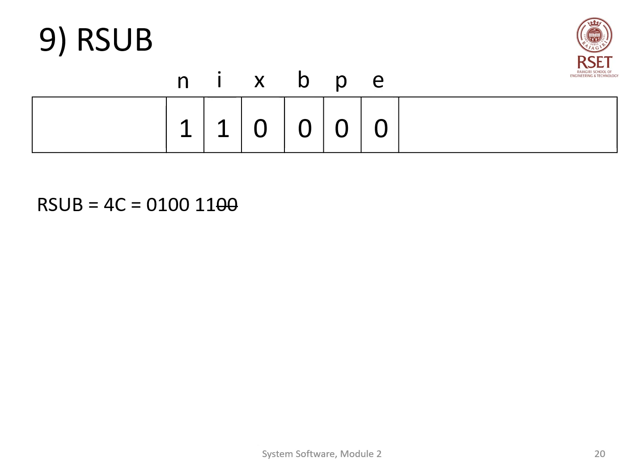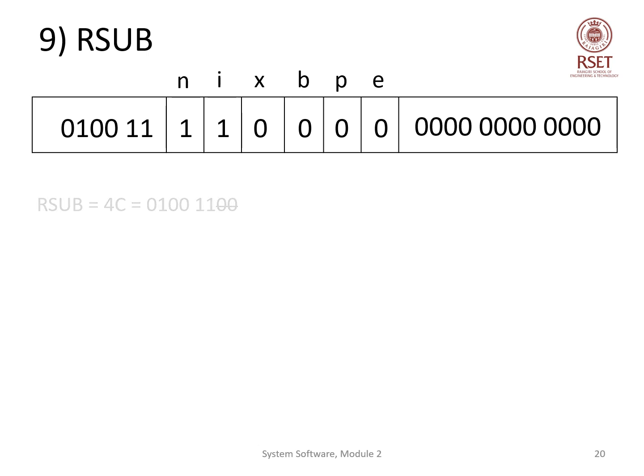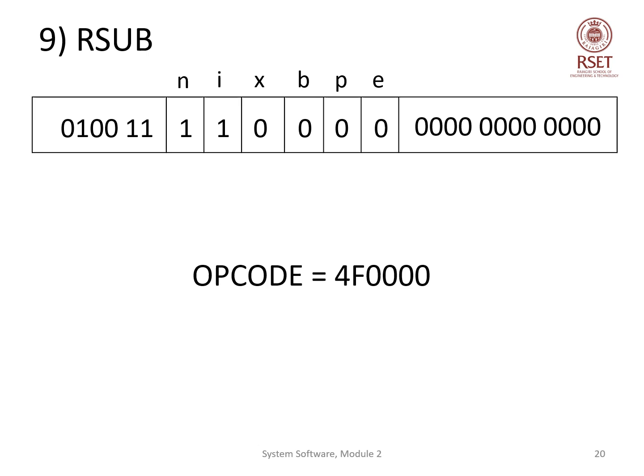RSUB is 4C. Ignoring the last 2 bits, we can write the rest in the first column, and in place of the 12-bit displacement, I've put all zeros because it does not have an operand. That makes the opcode 4F followed by 4 zeros.